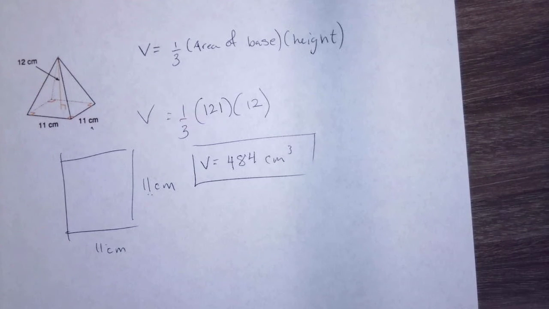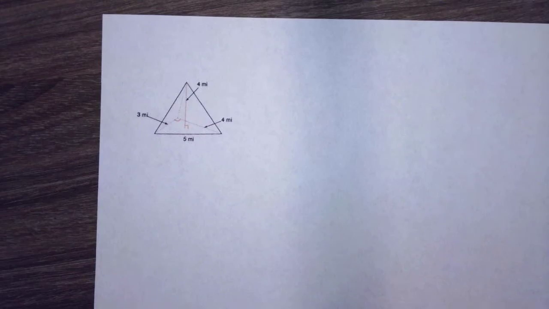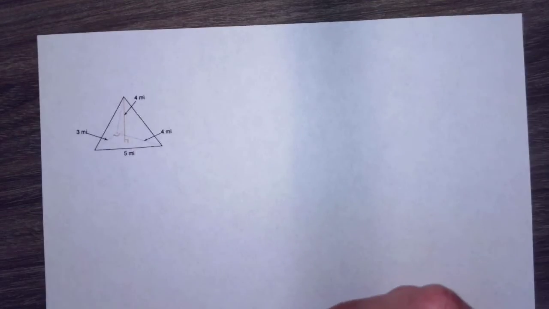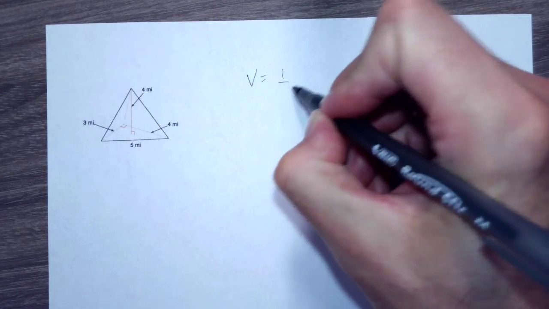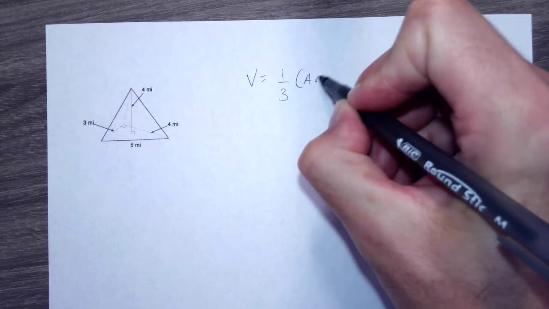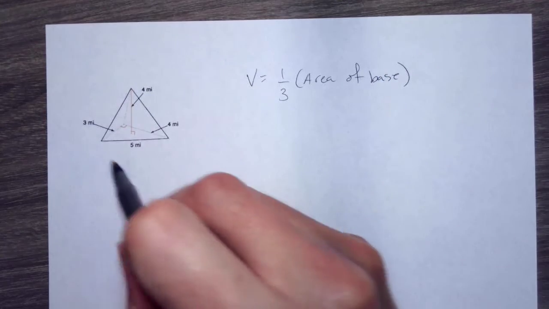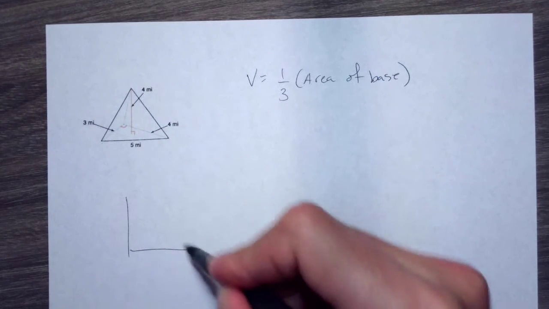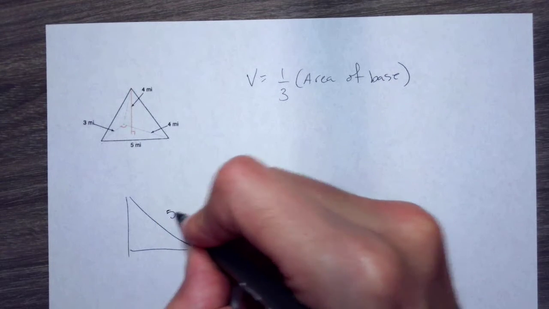Now, if the base of the pyramid is not a rectangle or a square, then you still use the same formula. That's why I wrote it the way I wrote it. So still area of base, and in this case, the base is a right triangle where the hypotenuse is 5.